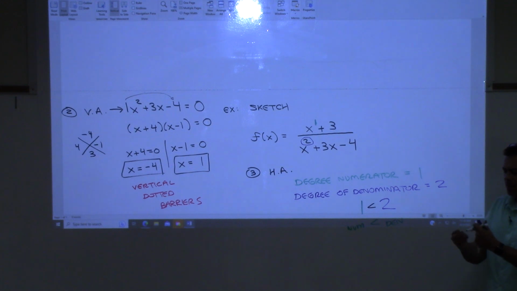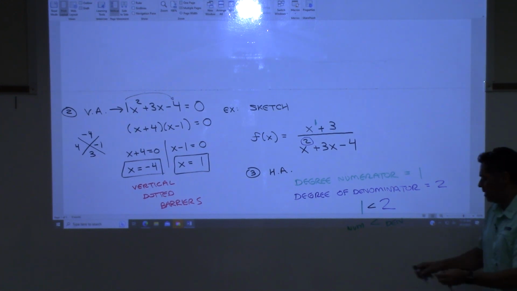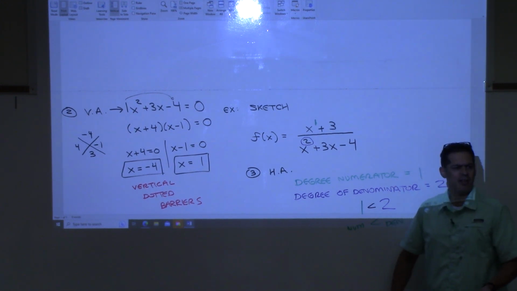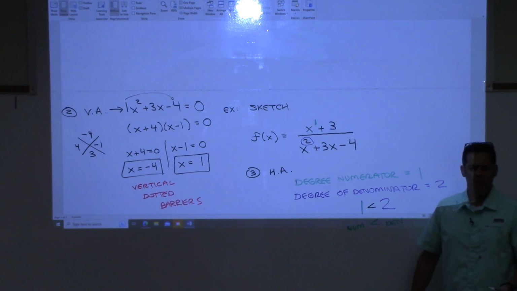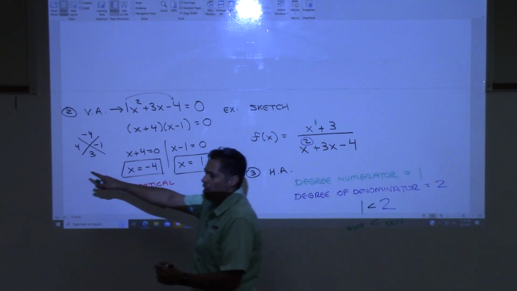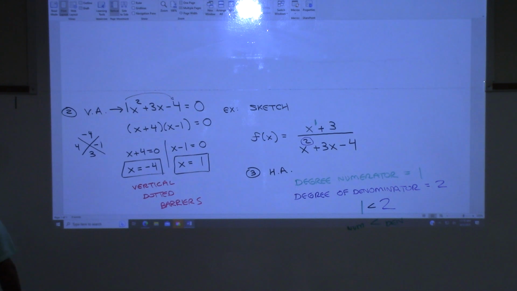There were 3 different cases, case A, case B, case C, or did I do 1, 2, 3? A, B, C. I'm going to write those. This is going to be off the camera, but it should be in your notes. So what was case A? If the numerator's degree is less than the denominator's, that was case A. What was case B? Numerator is greater than denominator. And then case C was they're equal.